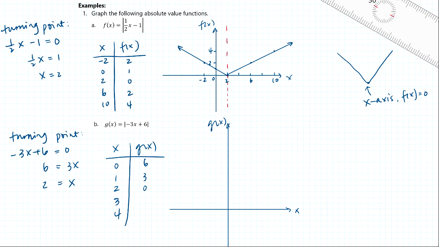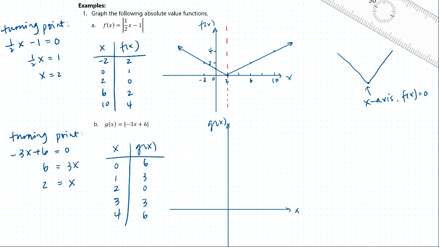Next, if we plug 3 in, we would have -9 plus 6 will be -3, but the absolute value of -3 would be +3 again. Similarly, if we plug 4 in, we get -12 plus 6, which is -6. Turning into the absolute value of -6, we get +6. So these are the values we have, and you can see because we picked symmetric points around the turning point, we should have symmetric values in the table for g of x as well.